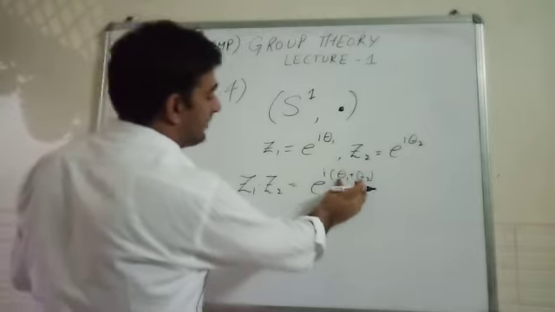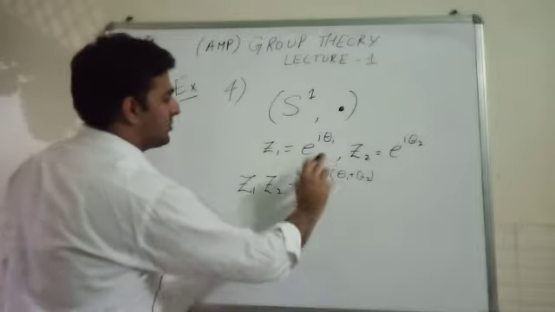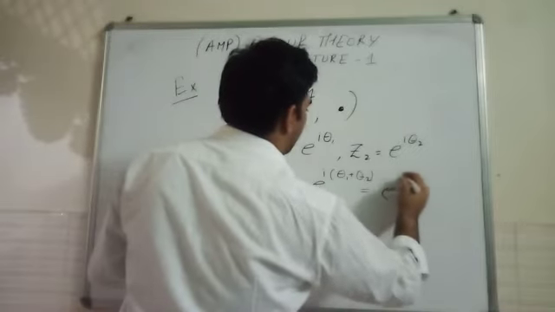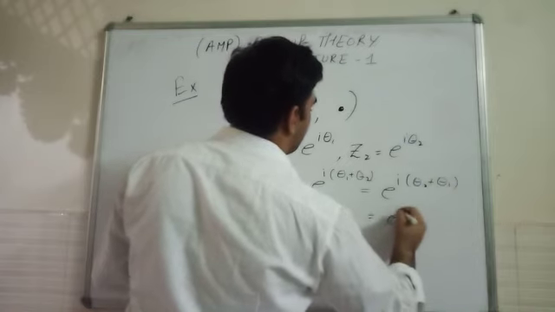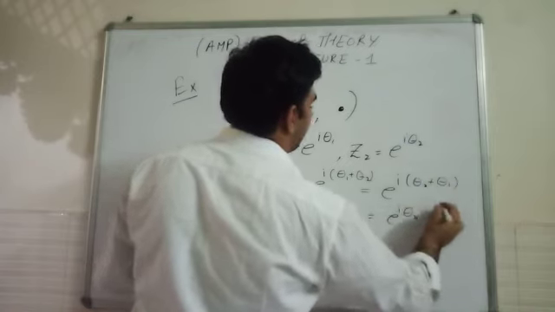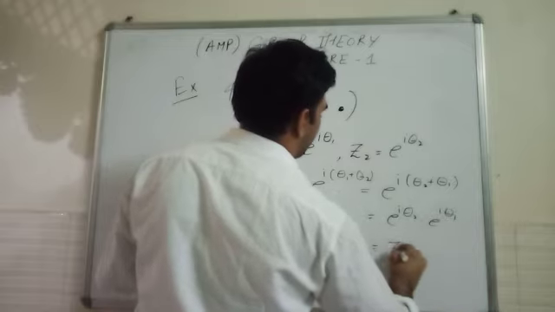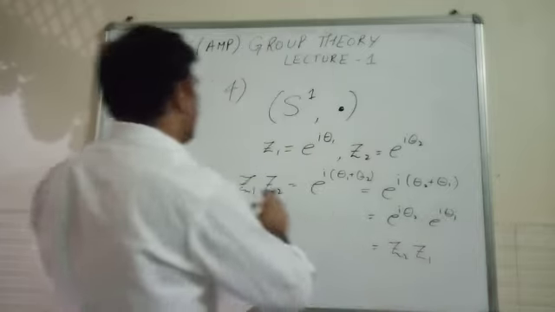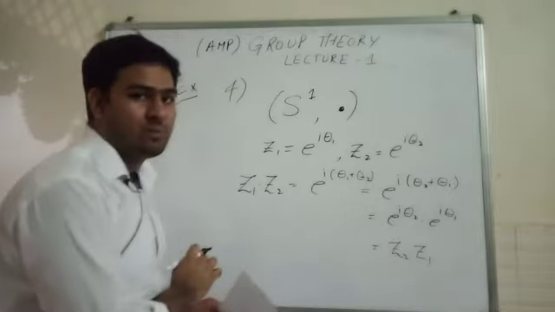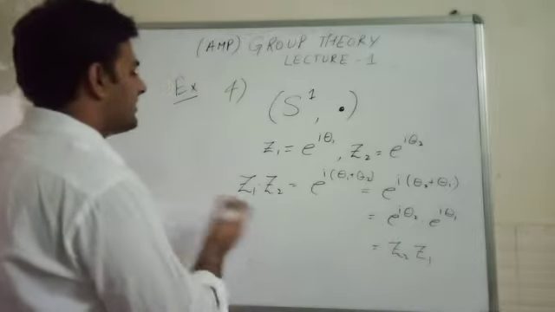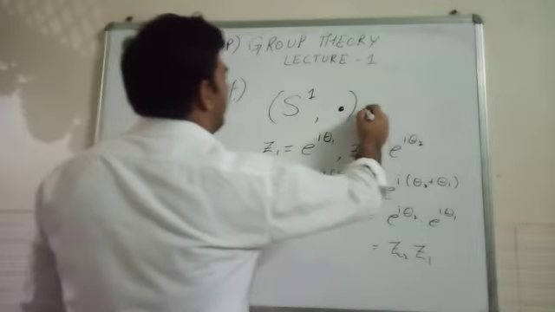But these are real numbers and they are commutative, so you can swap them. That would be θ2 plus θ1, and that is e^{iθ2} times e^{iθ1}, and this is z2 times z1. So these group elements also commute with respect to this multiplicative operation, and so this group is also abelian.